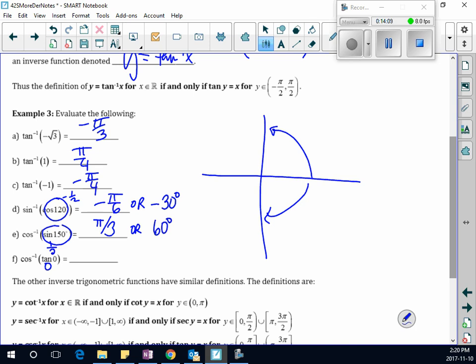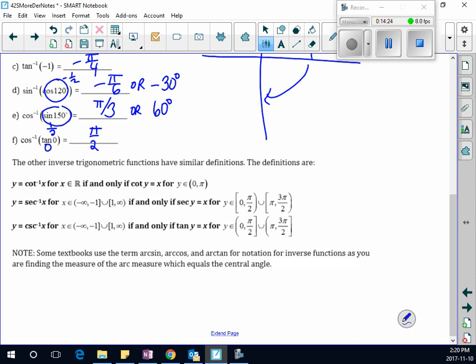Inverse cos of 0. Where is the x 0? Pi over 2. Okay, because that's where cos is 0. Only one where the inverse actually changed.